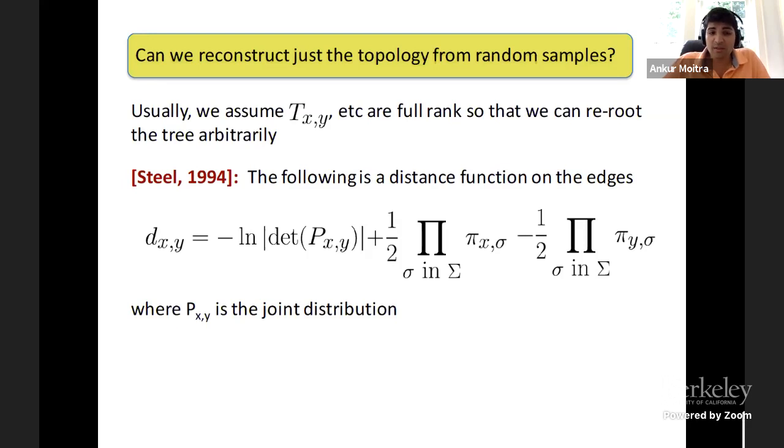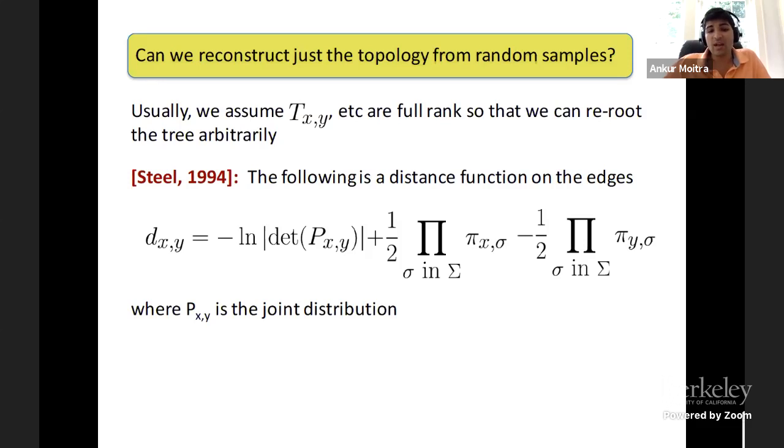So it turns out that you can actually make this intuition precise. And there's actually a distance function along the edges such that, if you told me the transition probabilities, the transition matrices, and you told me the underlying tree topology, there is this crazy expression right here that describes a distance function between pairs of edges.